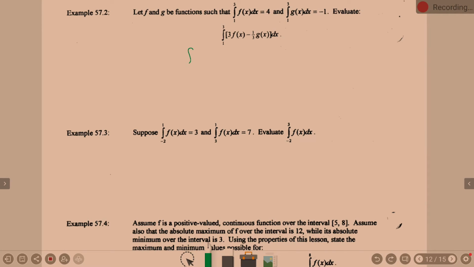So I can say the integral from 1 to 3 of 3 f of x dx, minus the integral from 1 to 3 of 1/3 g of x dx. So that's one of my properties that I wanted to demonstrate: I had subtraction within there, so I can break it up into two separate integrals being subtracted.